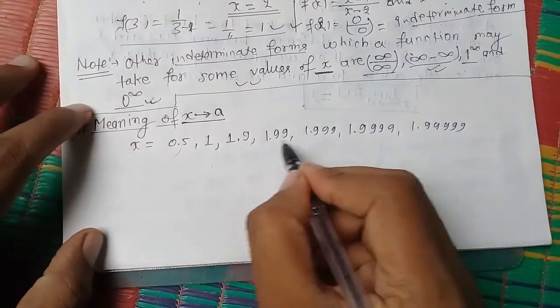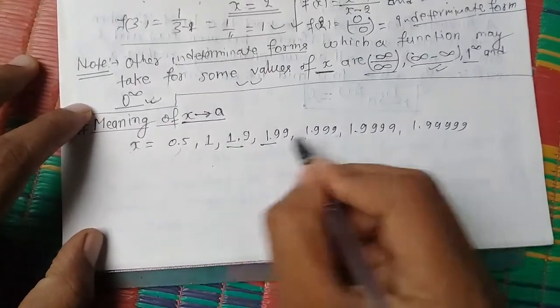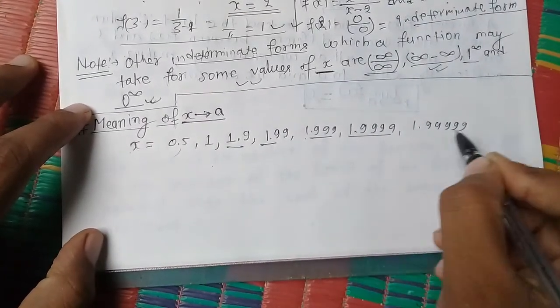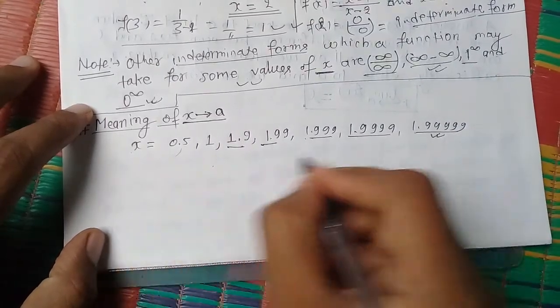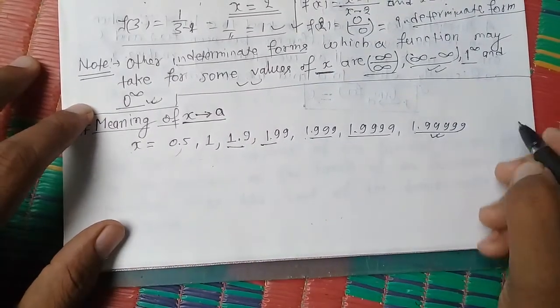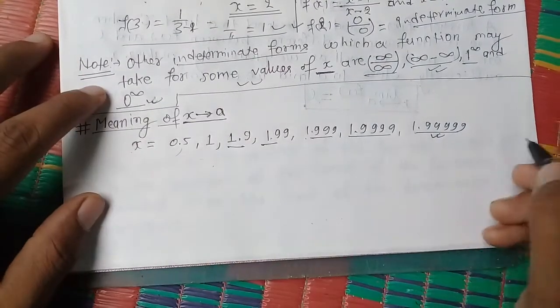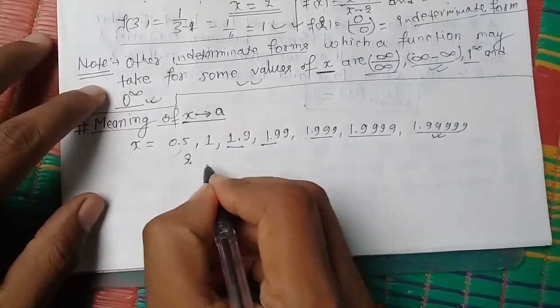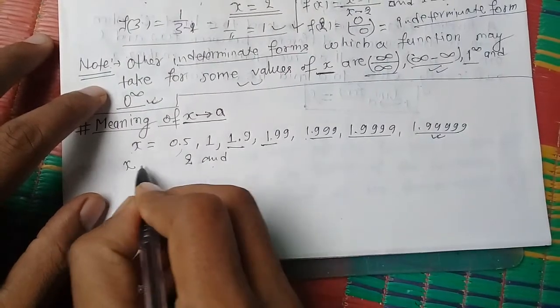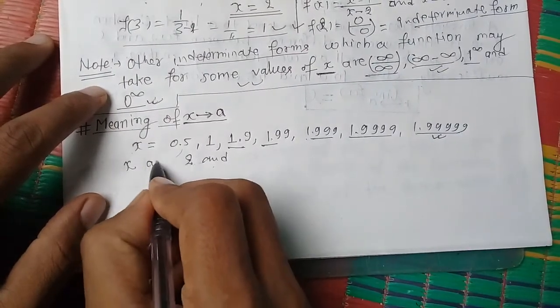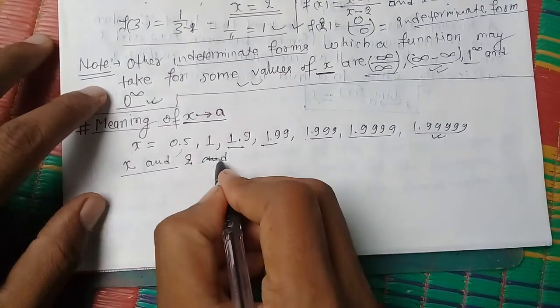If we increase the number of nines, this value in n terms will nearly approach 2, and the difference between 2 and x will be small.